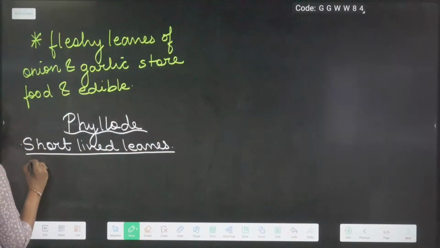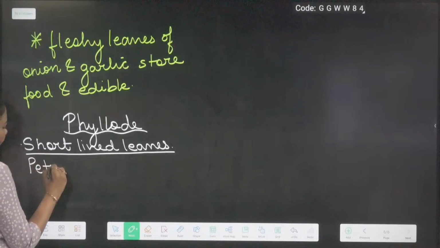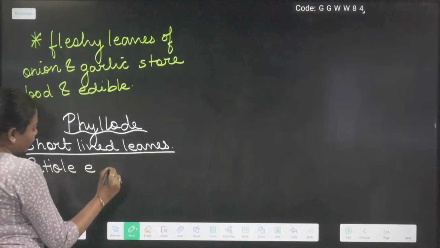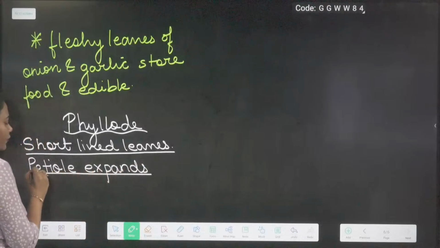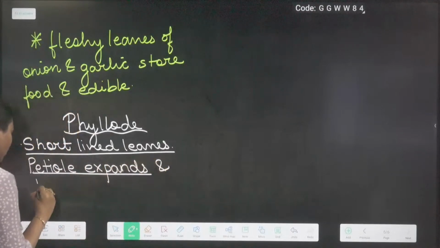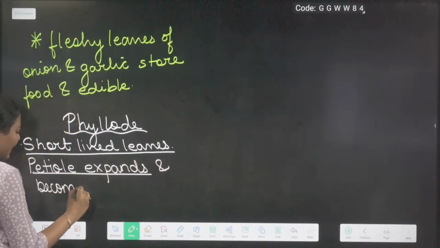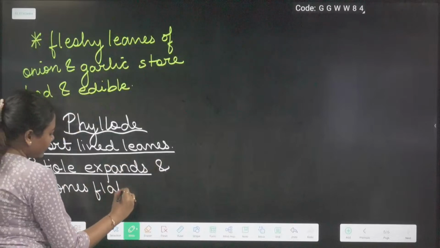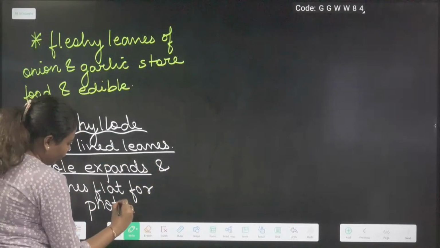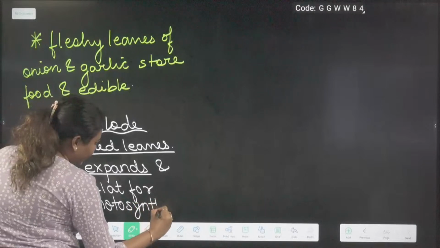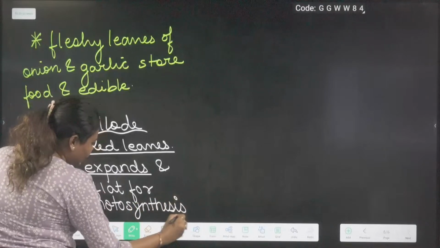So what is going to happen? The petiole expands and becomes flat. Who is doing photosynthesis over here? The petiole. The petiole expands and becomes flat for photosynthesis.